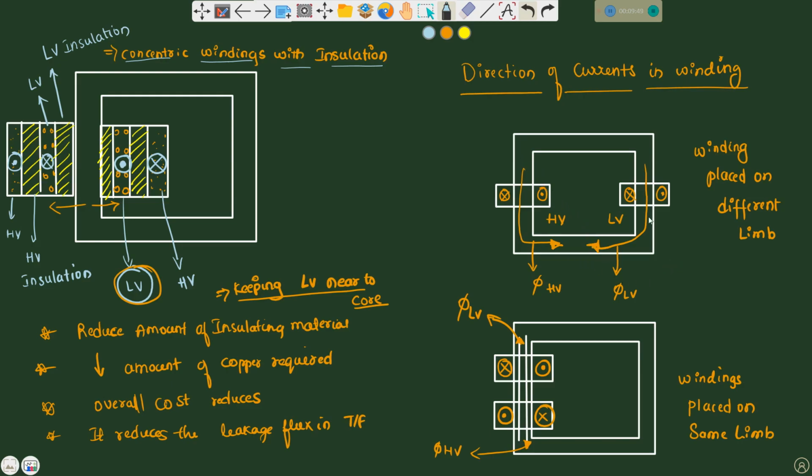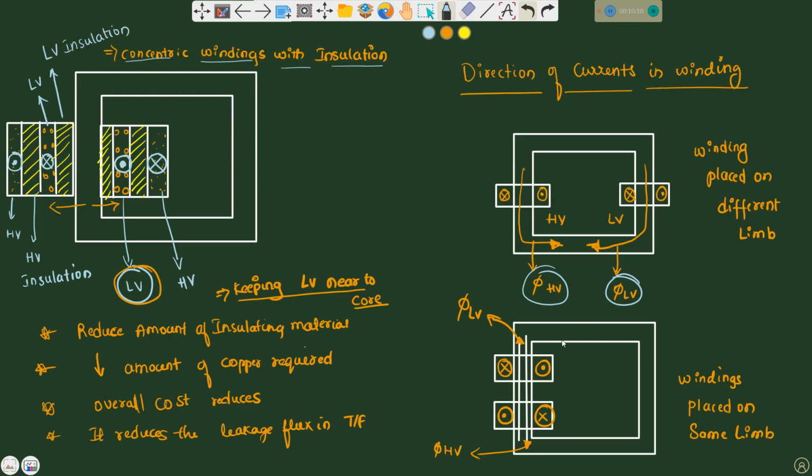Here you can see it's going inside, coming outside. Here also it's going inside and coming outside. So same direction of current and same direction of flux. Here you can see the flux due to the HV winding and the flux due to LV.